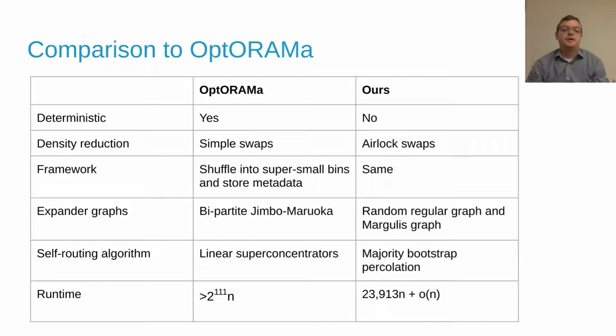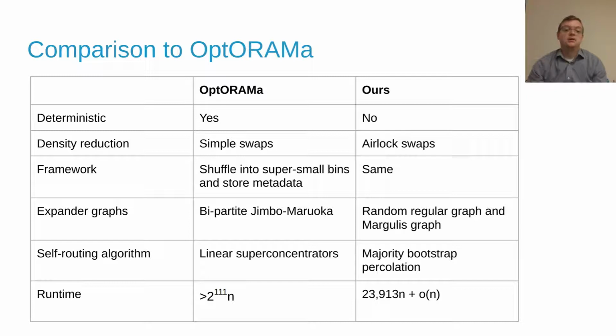But if you look at the expander graph construction they have and use the Jimbo-Marawoka construction, which is optimal from what's known, then it would imply a runtime of at least 2 to the 111n, which is very large.